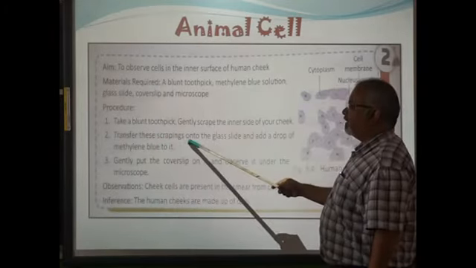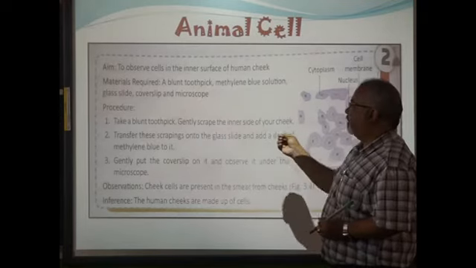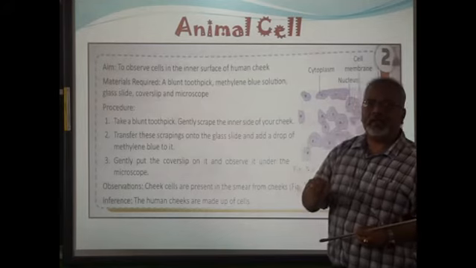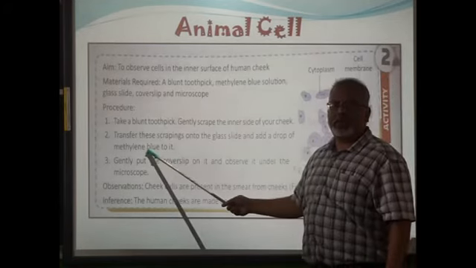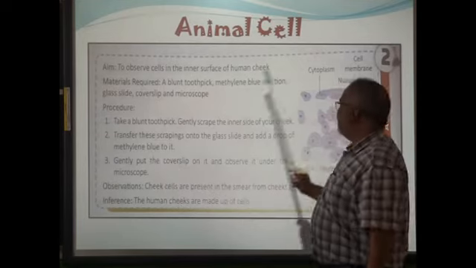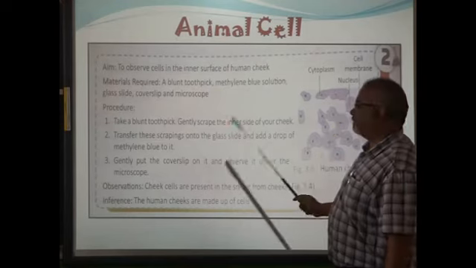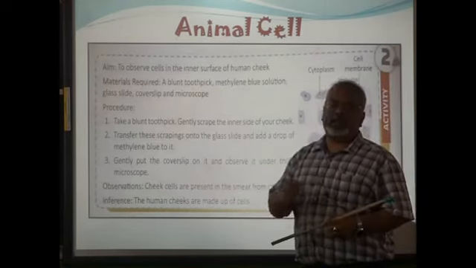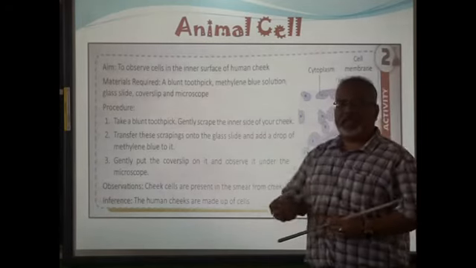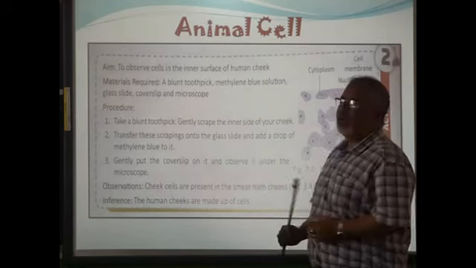Transfer these scrapings onto a glass slide. So keep whatever you take with the blunt toothpick on the glass slide, and then add a drop of methylene blue, the chemical we are using, so that it looks colorful and a very distinct blue. Now gently put the cover slip as we did in the previous case, and observe it under the microscope.